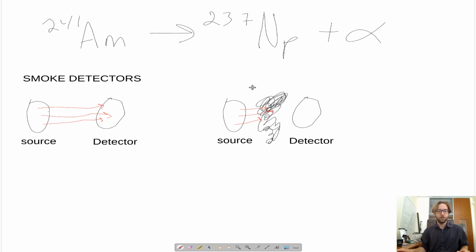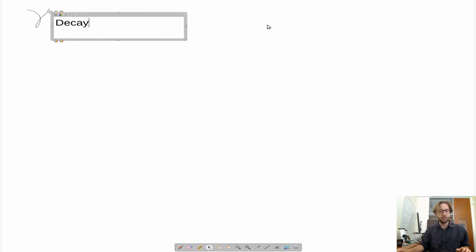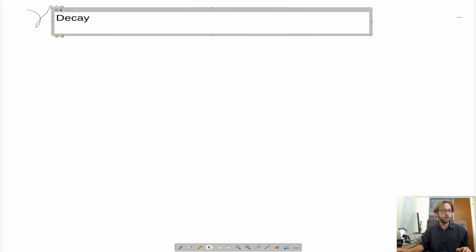Next up, in terms of radioactive decay modes, is gamma decay. So gamma decay is where the particle that we're emitting is light. Or we just have a photon that we're emitting.